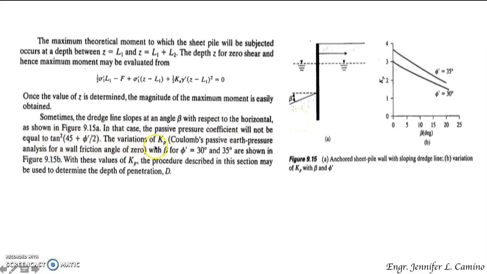So we're going to have a variation for the case of the passive pressure coefficient using this figure. We just have to get the value for beta and the angle of friction so that we can have the value for the Coulomb passive pressure coefficient using this figure.